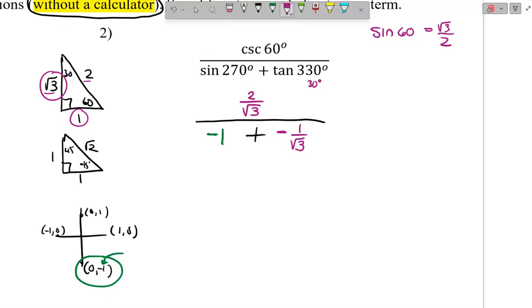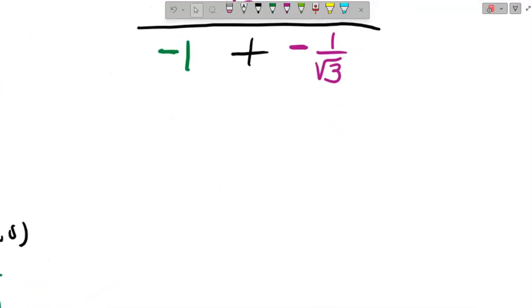Strategy 1, which is not what I'm going to show, but you could effectively multiply top and bottom by root 3, and as long as you distributed that root 3 into the denominator, everything is going to cancel out because that gets rid of the complex fraction. But what I find for most students is usually simpler is to actually look at the denominator, I'm even going to hide the numerator here, and get the denominator to be one term.